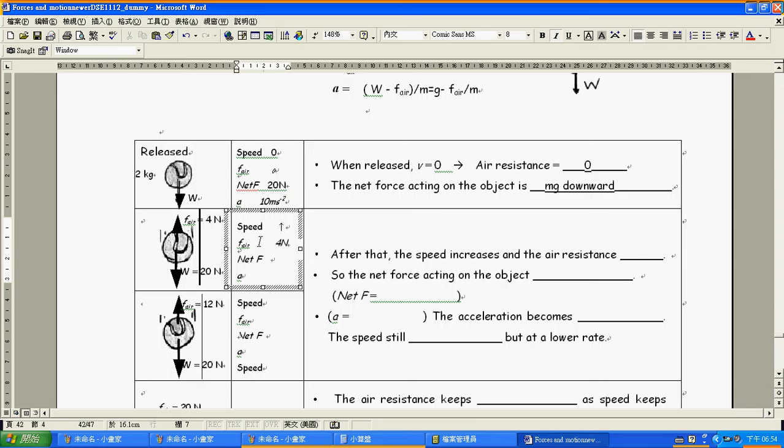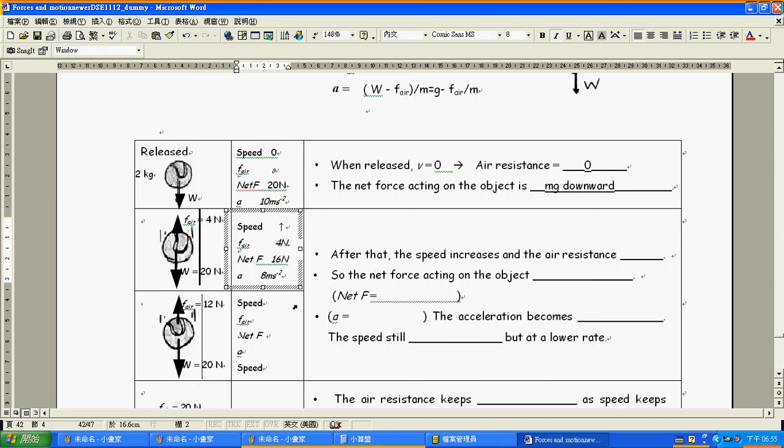Okay, then the net force will be 20 minus 4, which is 16 Newtons, and the acceleration will be smaller, and this time it becomes, say, 8 meters per second squared. Okay, because the net force is 16 divided by 2 gives us 8.